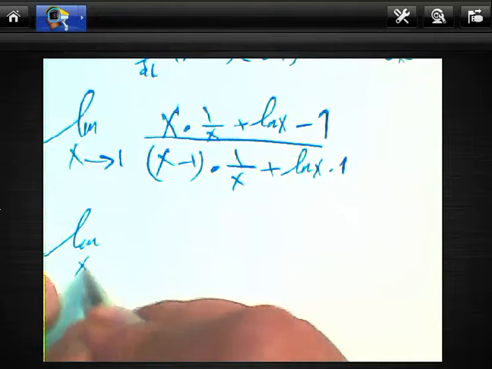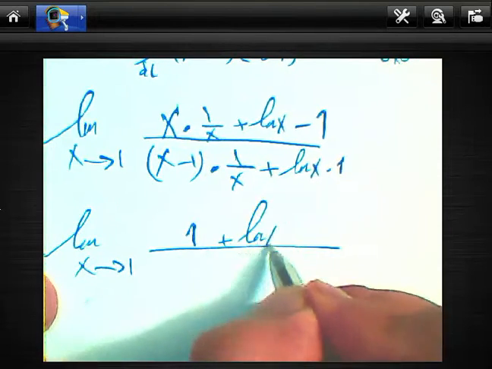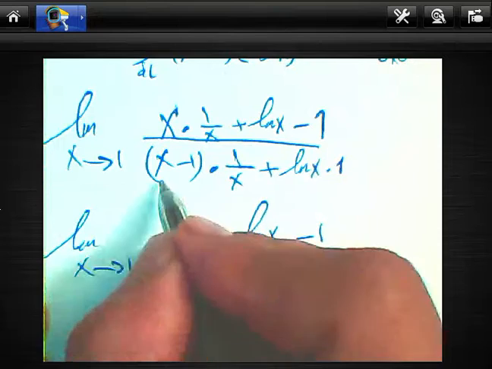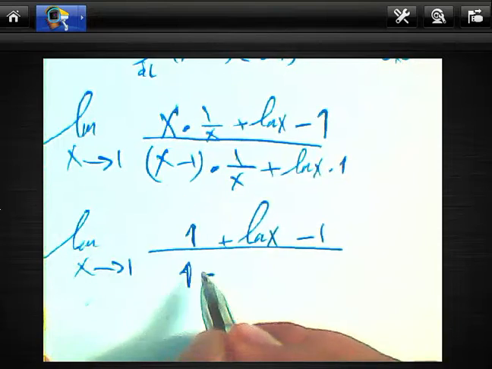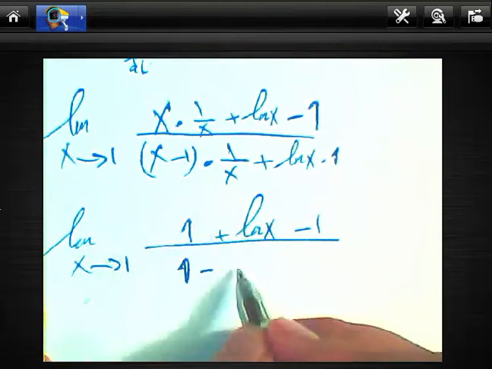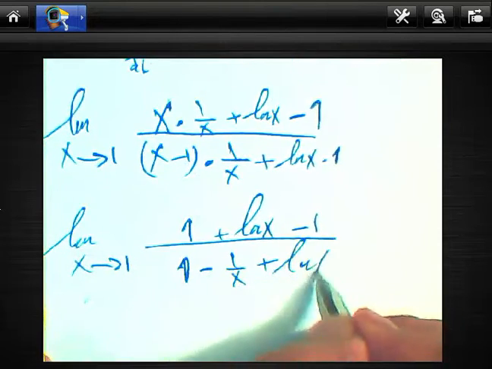So the limit when x approaches 1 of x over x equals 1, plus ln of x, minus 1, and here x divided by x equals 1, now minus 1 over x plus ln of x.